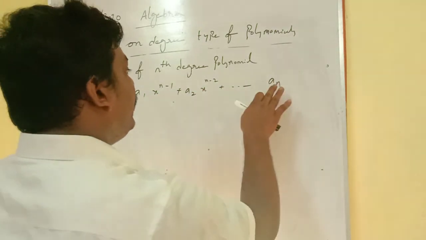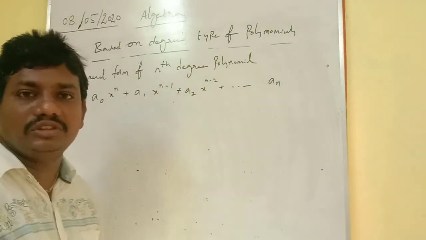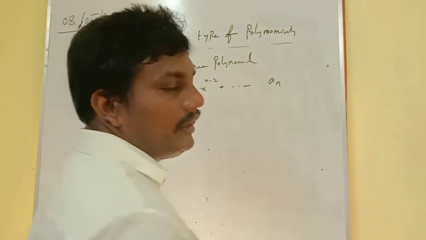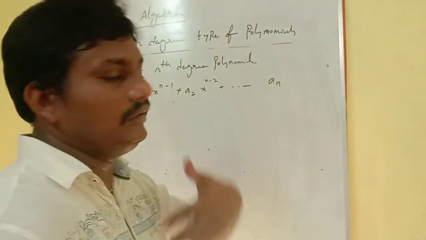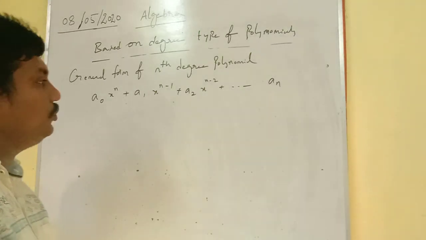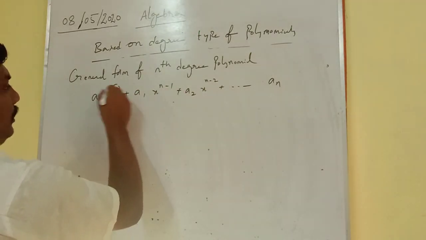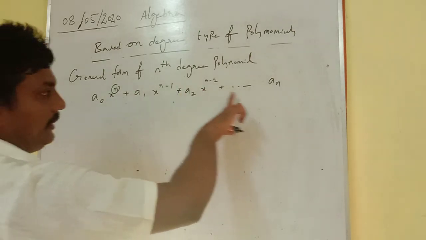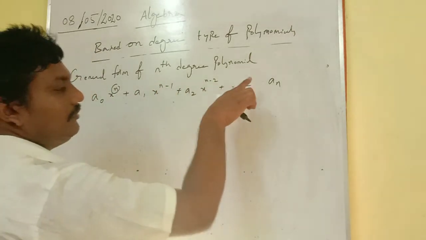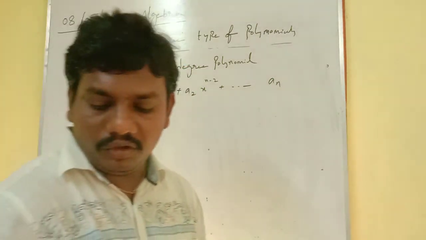Finally we get an x power n minus n, which becomes x power 0. This is a constant term; here the constant term is an. Its degree is n, because the highest power is n, and compared to the remaining terms the powers decrease by 1. That's why it is an nth degree polynomial.